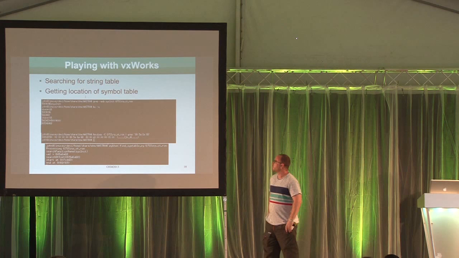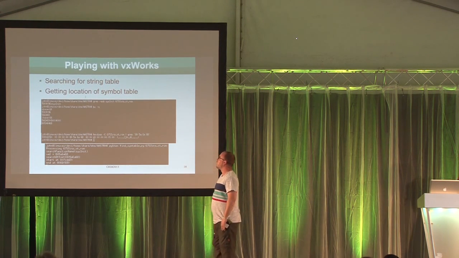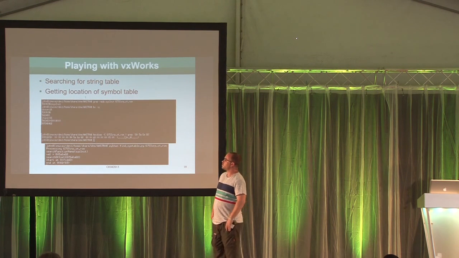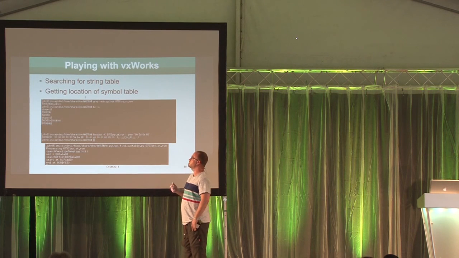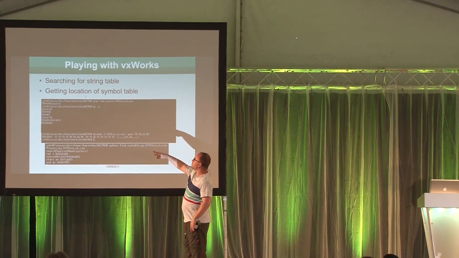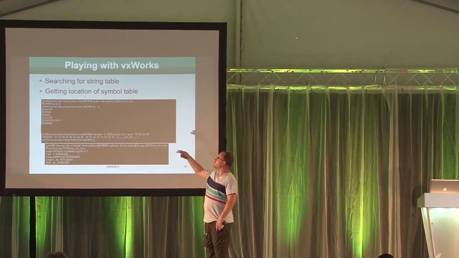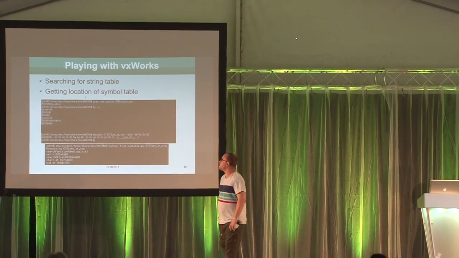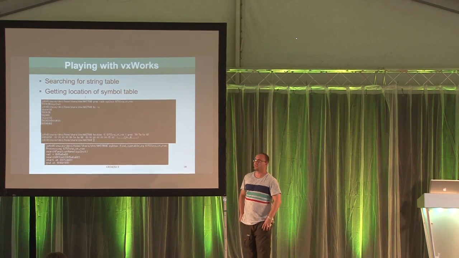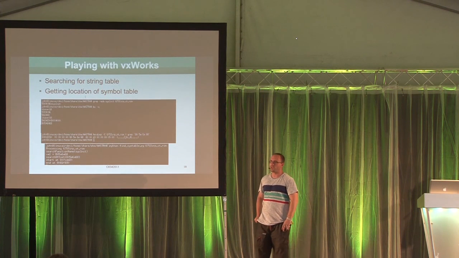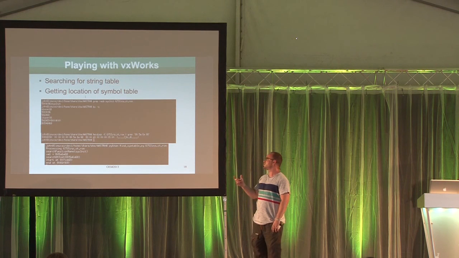So using grep, we will find the offset of the string in the binary, and we then compute the real address of the string. We just add 0x80004000, which gives us where the string is located in memory. And we then search for this address in the binary. The objective is to find one entry of the symbol table, which will contain the pointer to this string.